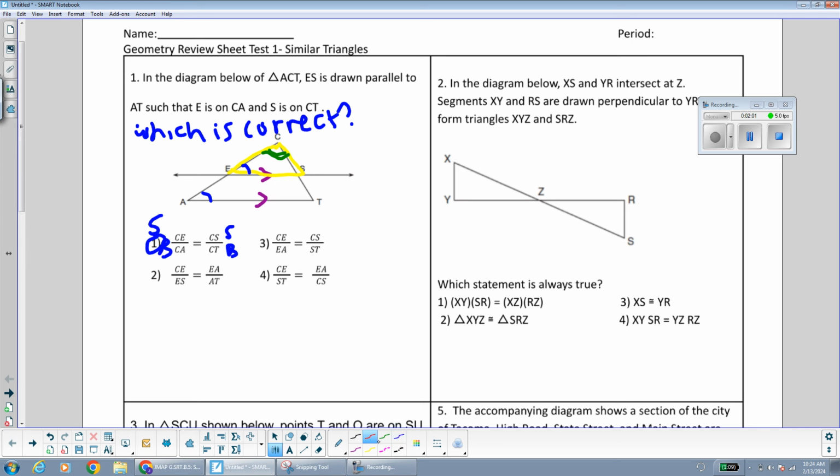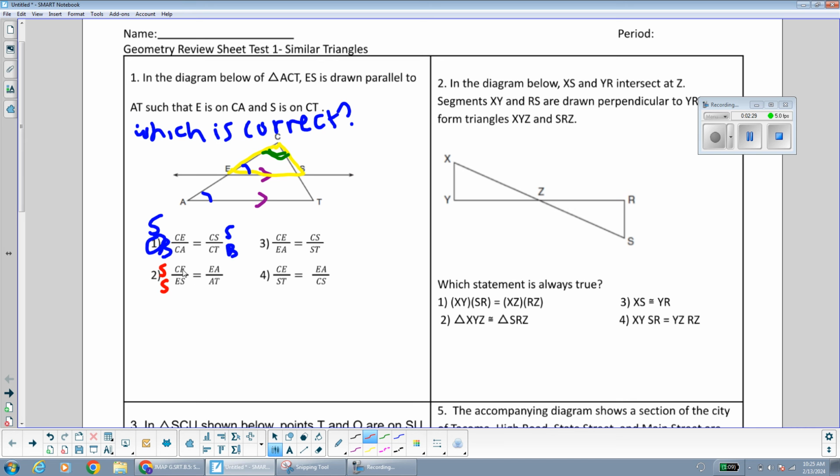I do want to go through the other ones just to talk about why they're not correct. So in number two, CE is from the small triangle. ES is also from the small triangle. You can have small over small. On the other side, though, we need to have the side from the big triangle that corresponds to this one from the small triangle, and the side from big triangle that corresponds to this one from the small triangle.